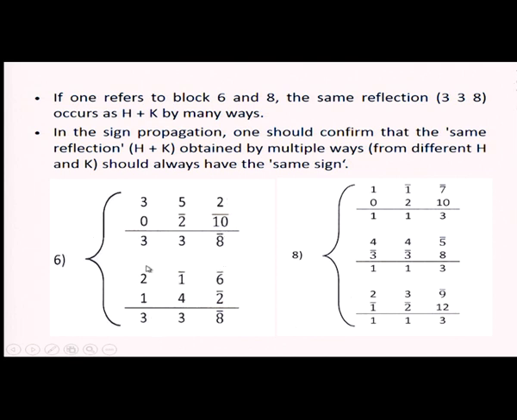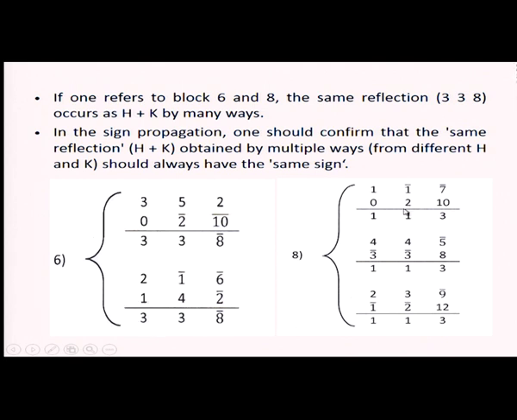But here, another, different pair: 2 plus 1 is 3, minus 1 plus 4 is 3, minus 6 minus 2 is minus 8. Clear? So, knowing this and multiplying this symbol, I can get the sign of this. Knowing completely different reflections and their signs and multiplying, I get this, but this has to be equal to this. Clear? This has to be equal to this.